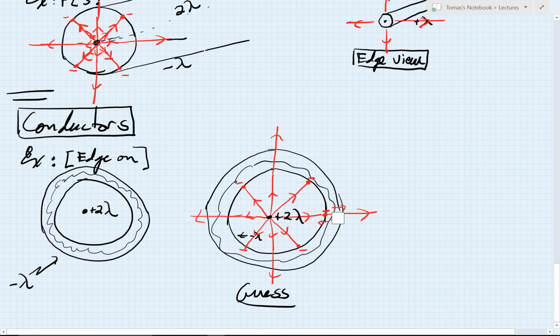Because as long as that field line exists within my conductor, negative charges are going to travel, right? They travel in the opposite direction from the electric field. So those negative charges are going to travel downwards along that field line until finally that field line has to be eliminated. So let me try to erase my field line there, like that. So the field line then has to stop.